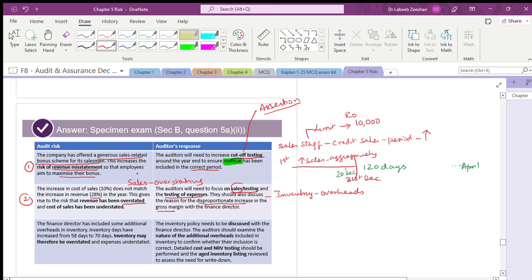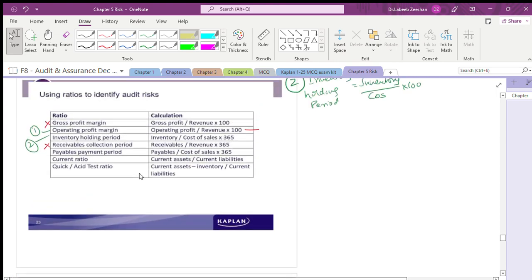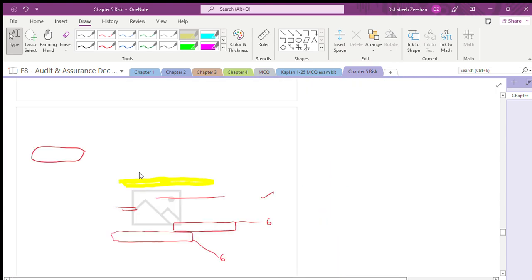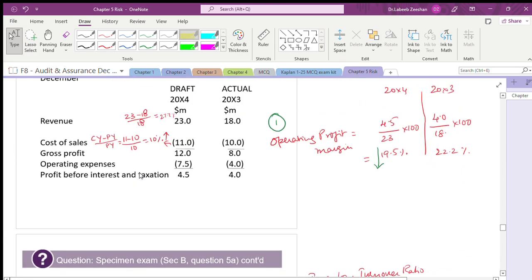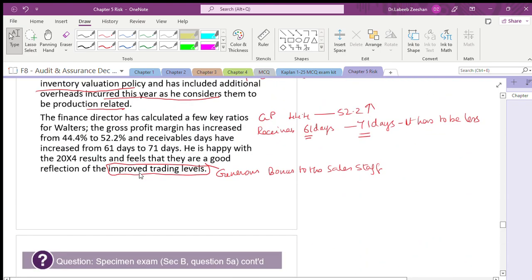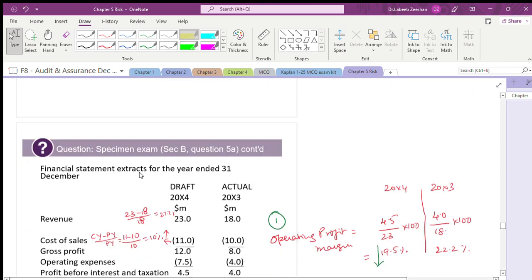How much has the gross profit margin increased? They have calculated it. Gross profit margin has increased from 44% to 52%. Is it right?